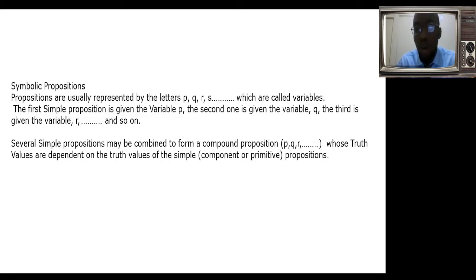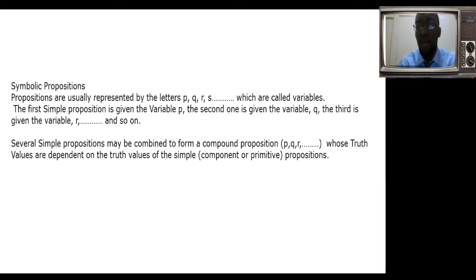So a compound proposition would be I am a male and I am a teacher and I am 6 feet tall. Now that is a combined or a compound proposition.